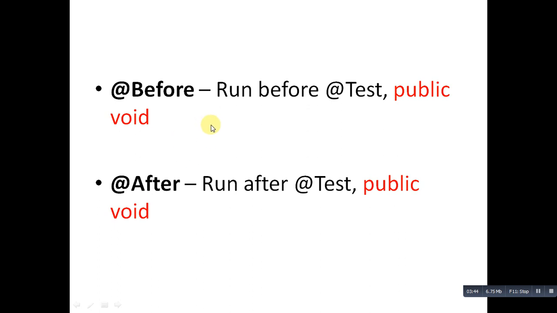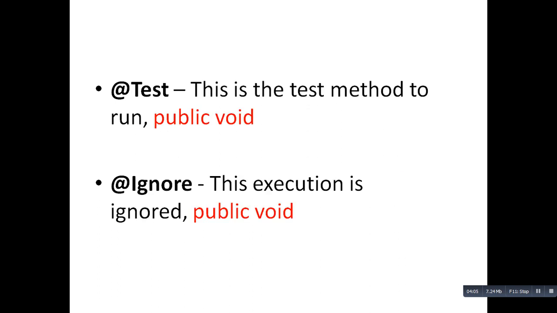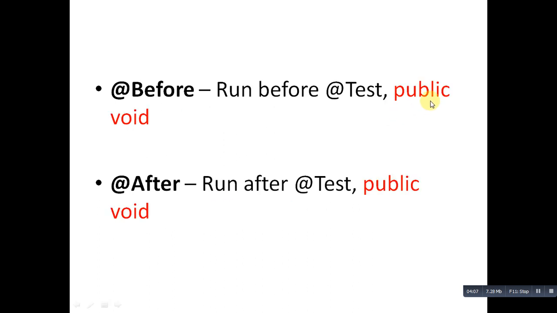If we have two test cases, we are going to have four executions: two executions of before and two executions of after. This one will run before any test case in our test class, and then after will run after the test case is executed. And the thing to know is that it is of type public void.